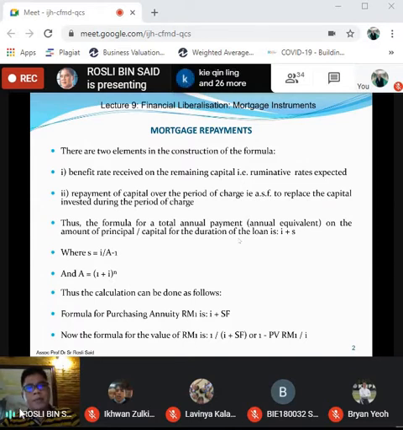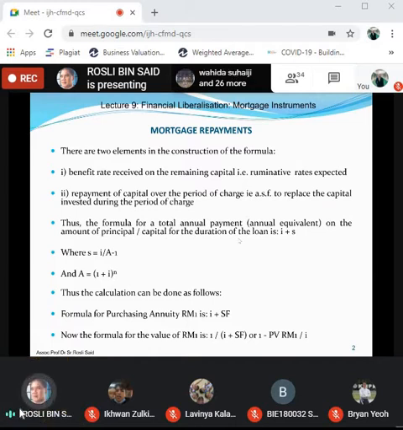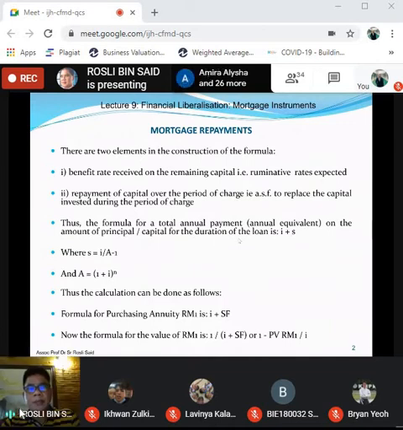So basically, for the mortgage repayment and the CPM, there are two elements in the construction of the formula. Number one, the benefit rate received on the remaining capital, which is also called the expected remunerative rate. That means the rate of interest that banks normally charge for any mortgage.